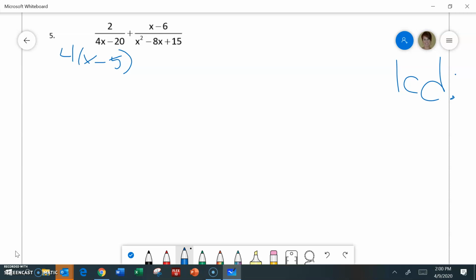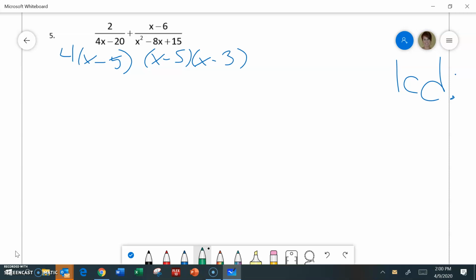Now our other denominator, x squared minus 8x plus 15, in factored form: what multiplies together to give us 15 and adds to give us a negative 8? That would be a minus 5 and a minus 3.